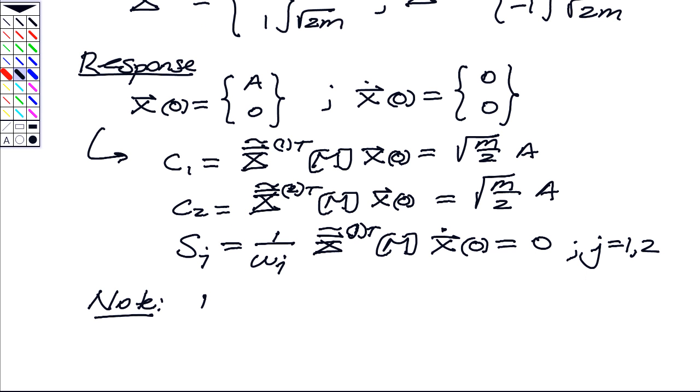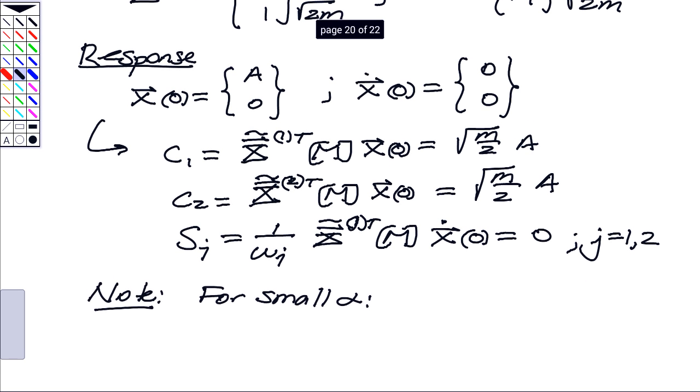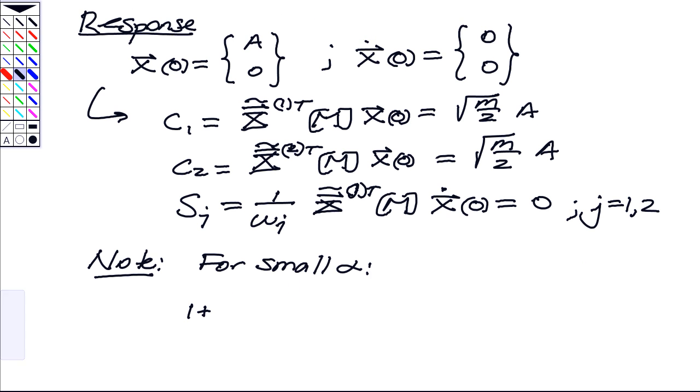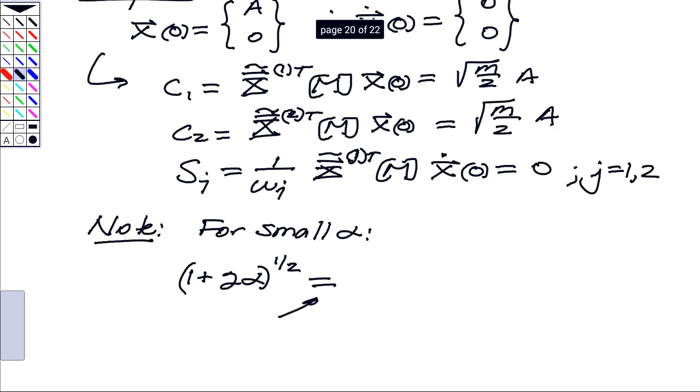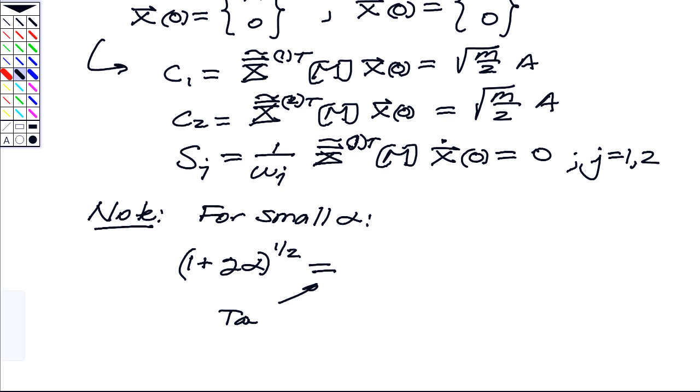If we consider small alpha, light coupling, we have a term here, 1 plus 2 alpha, which is appearing in our second natural frequency. So what I'm going to do is a Taylor series expansion about alpha equal to 0.